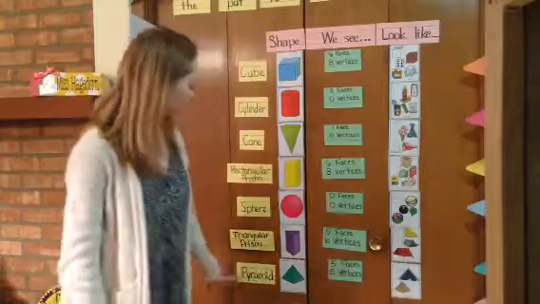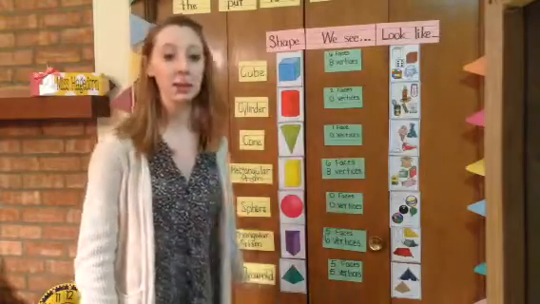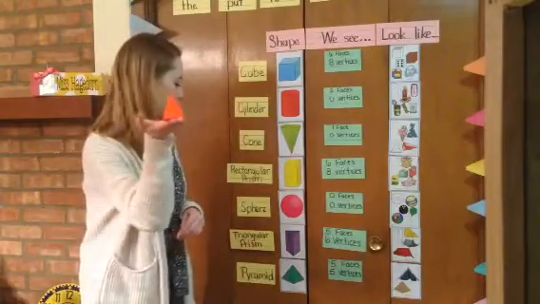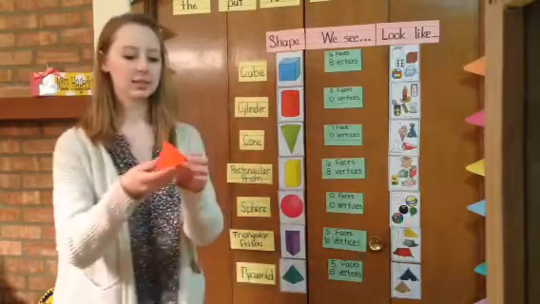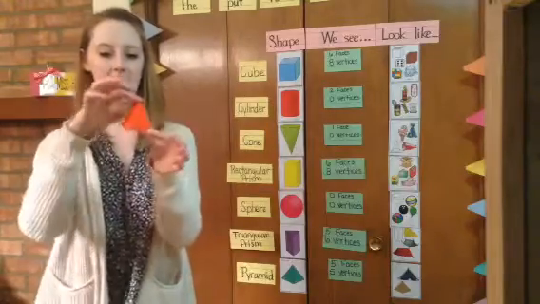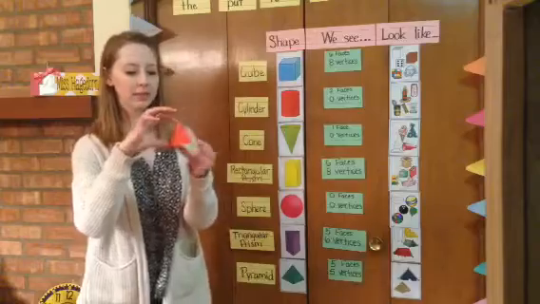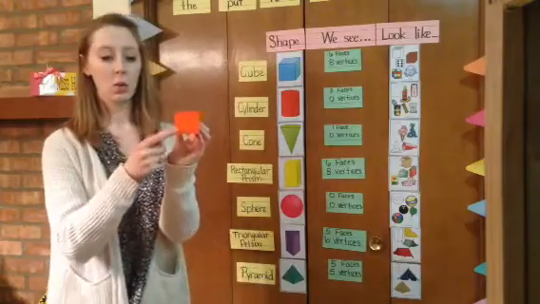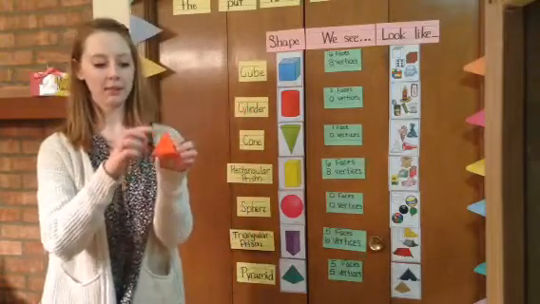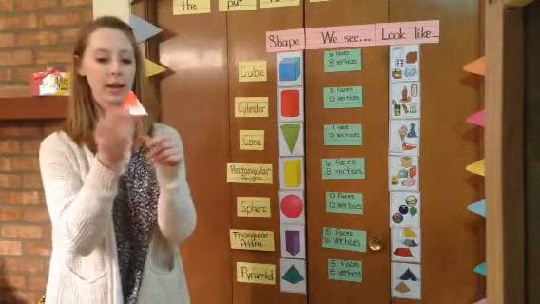The last shape we're going to talk about is a pyramid. Say that with me. Pyramid. Here is my pyramid today. Let's see. Do you see some flat faces? I sure do. One flat face is a square. The other flat faces are triangles.